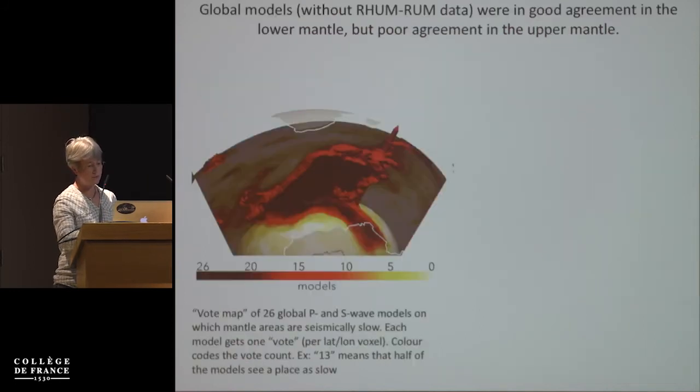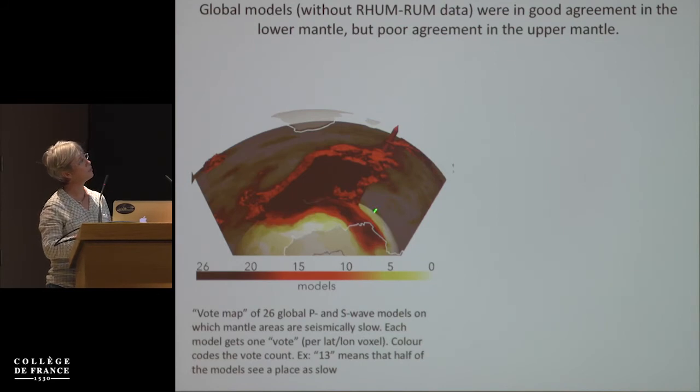What you get for it is that before, this is a vote map of tomographic models. It basically asks 26 models, do you think this voxel here is slow? And they all say yes, because it's dark red. And here it asks, do you think this voxel is slow? And they all say no, and that's why it's white.